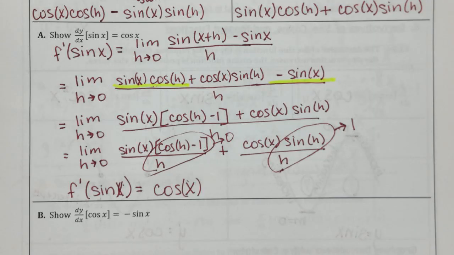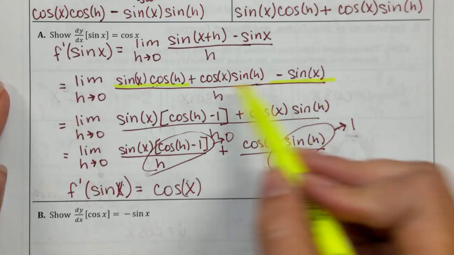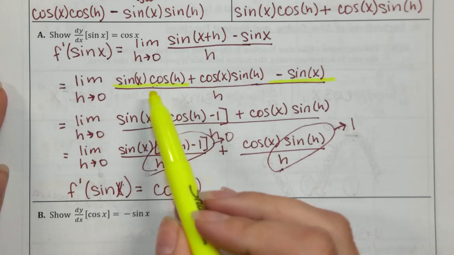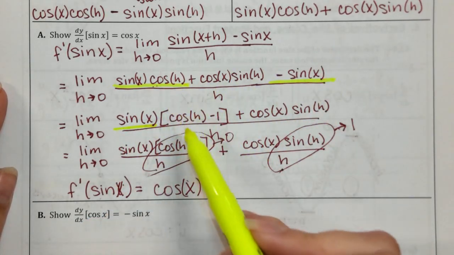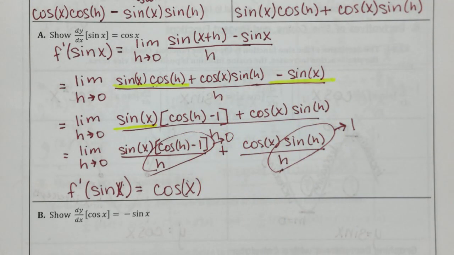Is it just factoring? Okay, whatever, we're factoring. So I took these together and I saw that they both had sine of x. Essentially, like if it was 2x squared plus 2x and I pulled out the 2x, I did the same thing with the sine of x. So I took this out right here, and I was left with cosine of h and negative 1. So this whole process is basically you manipulating the numbers.